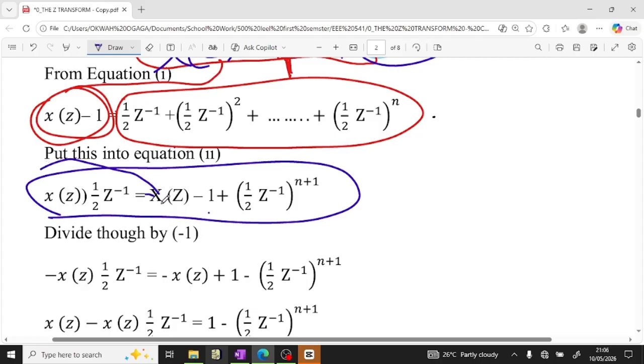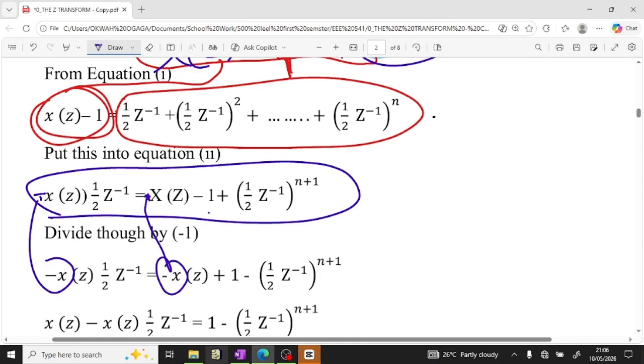So just divide through by minus 1 now at this step, so that by the time you move it to the other side, it will have a plus sign. Look at what we mean. When you divide through by minus, here was plus, invisible plus, it becomes minus.